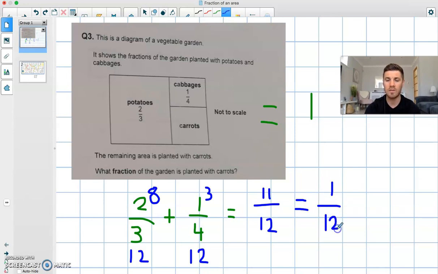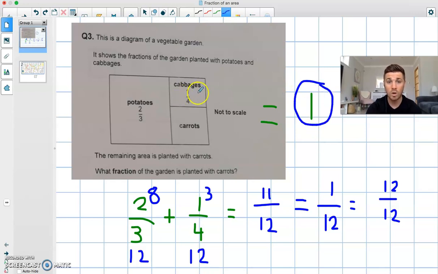Well, because if I add 1/12 to 11/12, that gives me 12/12, which is equivalent to 1 whole. And remember, all of the fractions within an area need to add up to 1 whole. So your answer, guys, is 1/12.